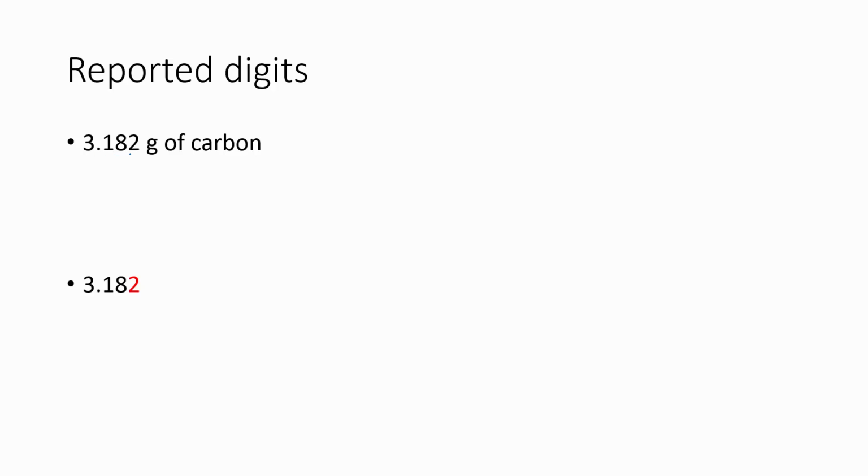So if I have 3.182 grams of carbon as a measurement that I've made, what I'm trying to say here is that I have measured reliably the 3, the 1, and the 8. I am not uncertain of those at all. Those are in fact certain digits. What I am trying to get across by stopping here at the thousandths place, this 2, the third decimal place from the right, is that this 2 is actually the uncertain digit of this measurement.